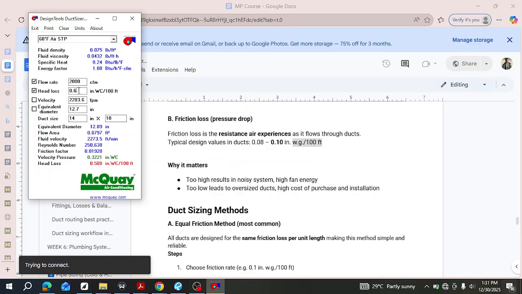I made a mistake, I was increasing the value when I was supposed to reduce it. We usually use 0.1. If you reduce it to 0.05, you see it increases the size of the duct.